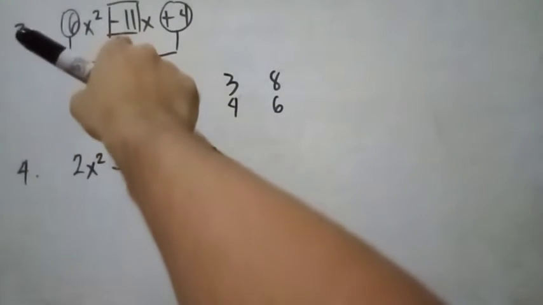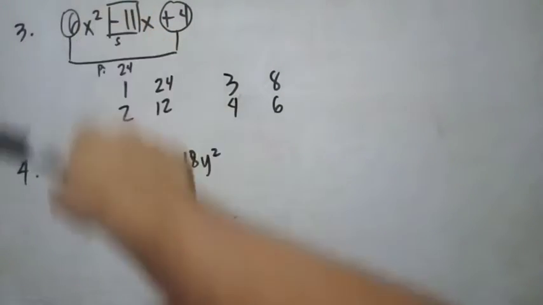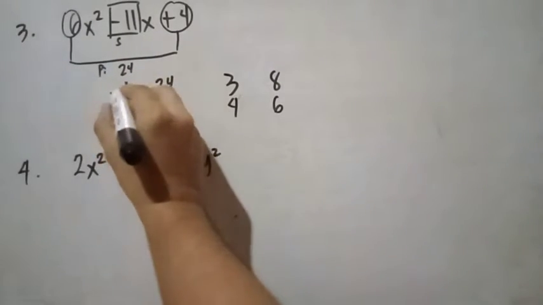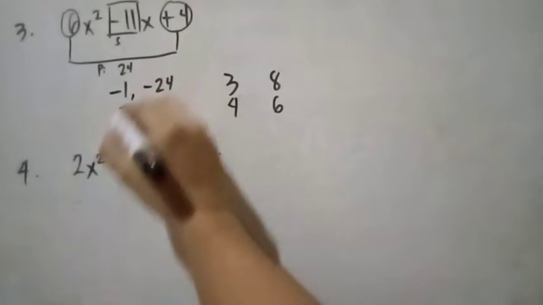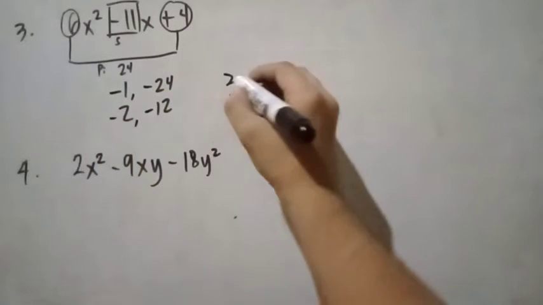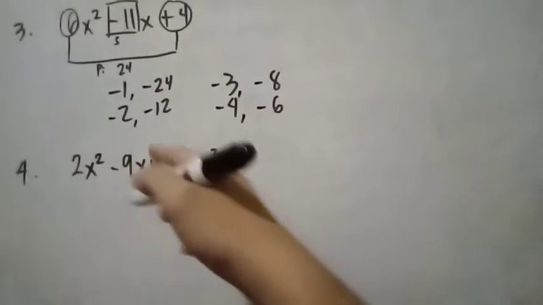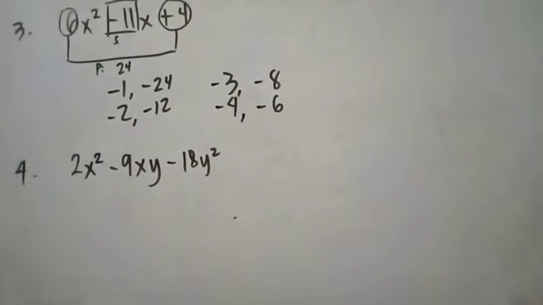Pero yung sum nila is negative, so dapat yung sign ng pairs of numbers ay negative. So we have negative 1 and 24, mga ganyan. Ayan na yung factors ng positive 24.